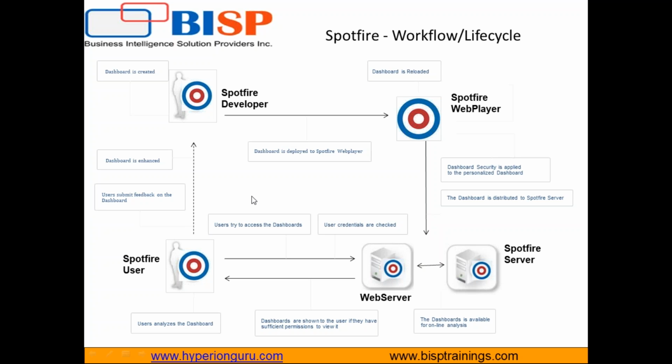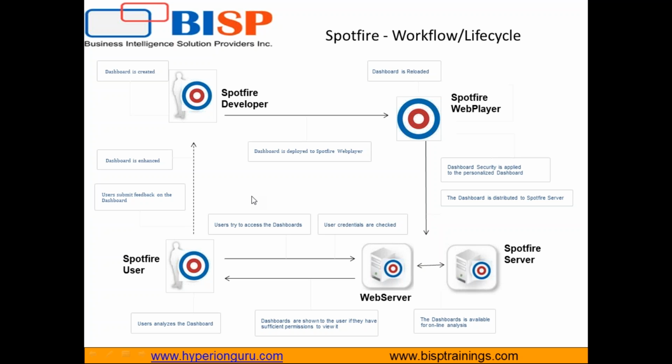As a developer, you will be working on Spotfire Analyst. The software name is Spotfire Analyst. You will create reports and dashboards. You will save that into the Spotfire library, which is there in the Spotfire server. Your work is done. Now you will send the link. Whenever you save a report or dashboard, a URL is generated.